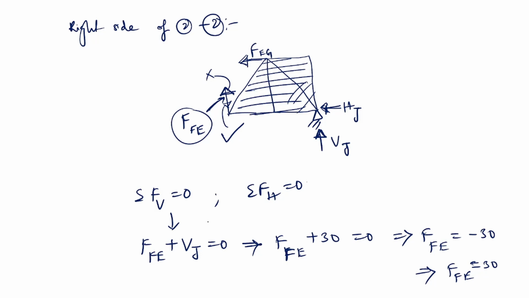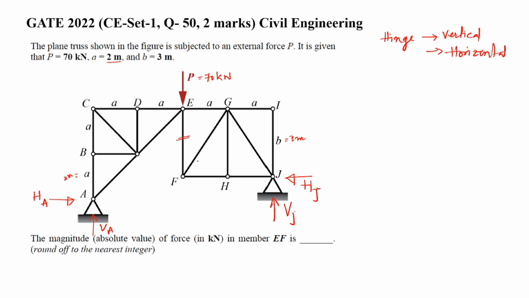VJ is 30, FE is also 30. So FE equal to 30 kilonewton. That's how you find the force. So what is the answer? The answer is 30 kilonewton. They didn't ask for sign, so you just have to give plus 30. That's it. The final answer is 30 kilonewton in this member.